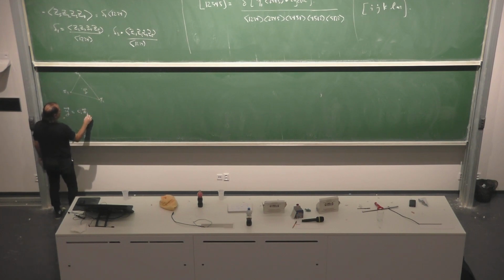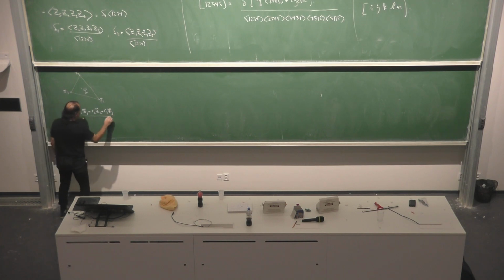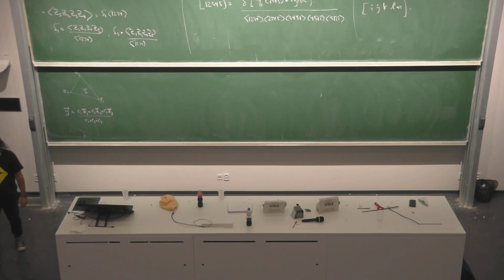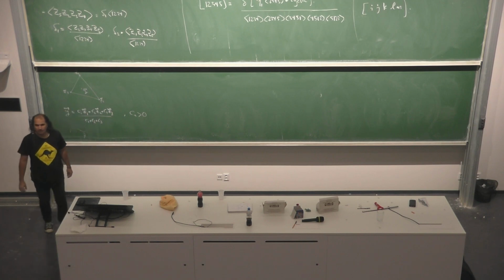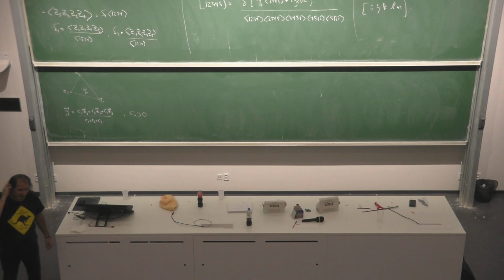So I'll write this as C1 Z1 plus C2 Z2 plus C3 Z3 divided by C1 plus C2 plus C3. Okay, so that's just the weighted sum so that the weights add up to 1. And it's crucial here, of course, that the C's are positive. Right? So that's what we talked about before. The notion of an interior crucially involves this idea of positivity.